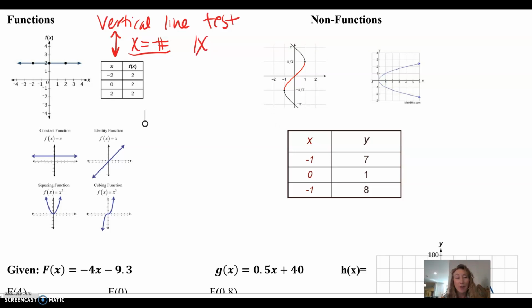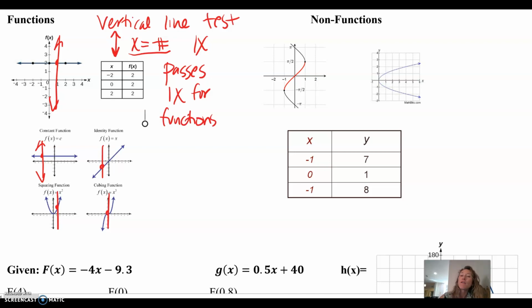My vertical line touches my function just one time. No matter where I draw it, it will pass through the graph at just one place for a function. So it passes one time for functions.